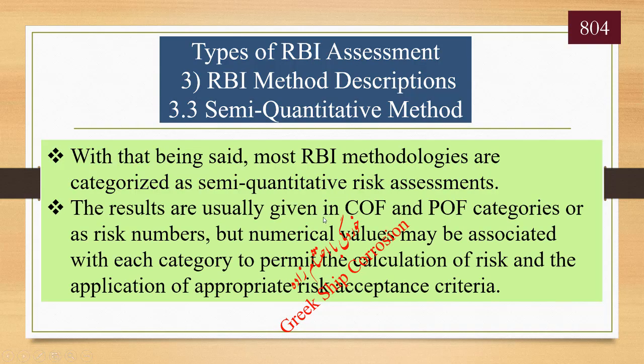The results are usually given in COF and POF categories or as risk numbers, but numerical values may be associated with each category to permit calculation of risk and the application of appropriate risk acceptance criteria.